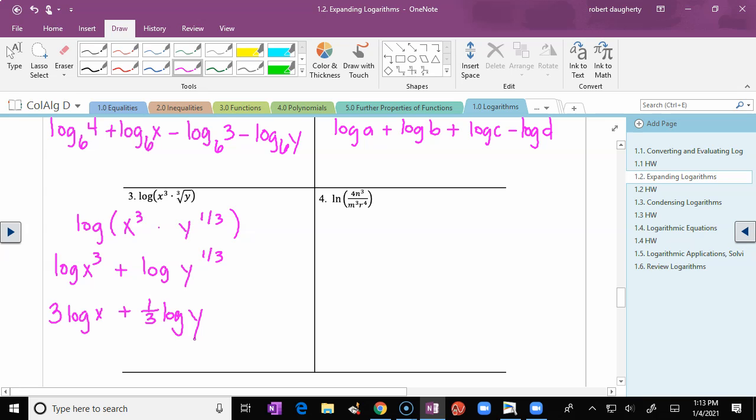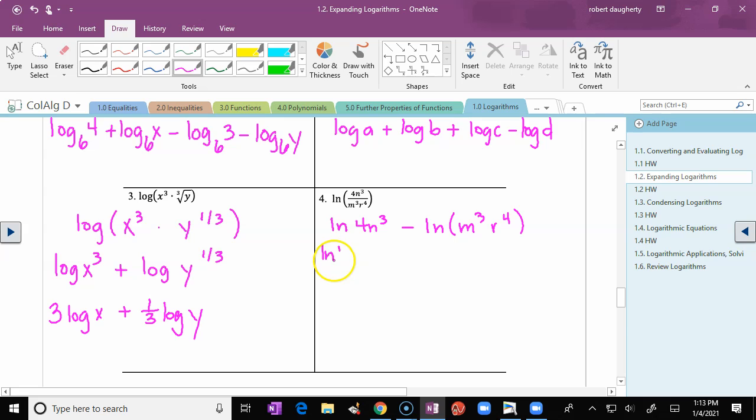Number 4, start out by using the quotient rule. This is the natural log of 4n cubed minus the natural log of m cubed r to the 4th. Now we're going to use the product rule.